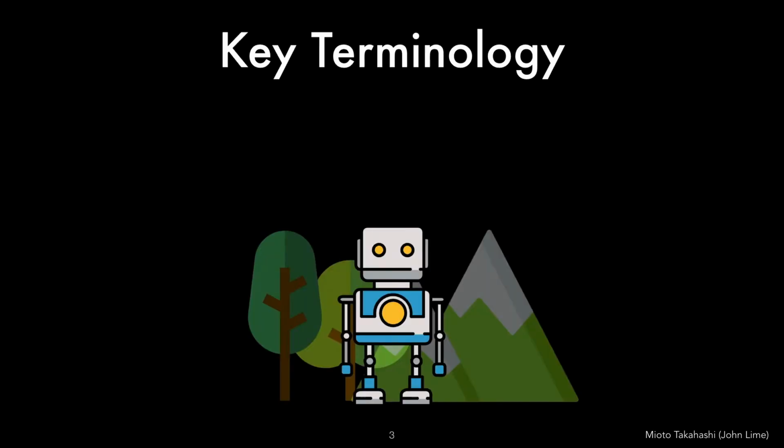But before we dive deeper into this topic, let us go through some key terminologies. The robot's body or hardware and its surrounding landscapes, objects, etc. are called environment. The environment outputs information containing its features, like the position of the robot, what the robot sees in its eyes, or the angle and angular velocity of each of its joints.